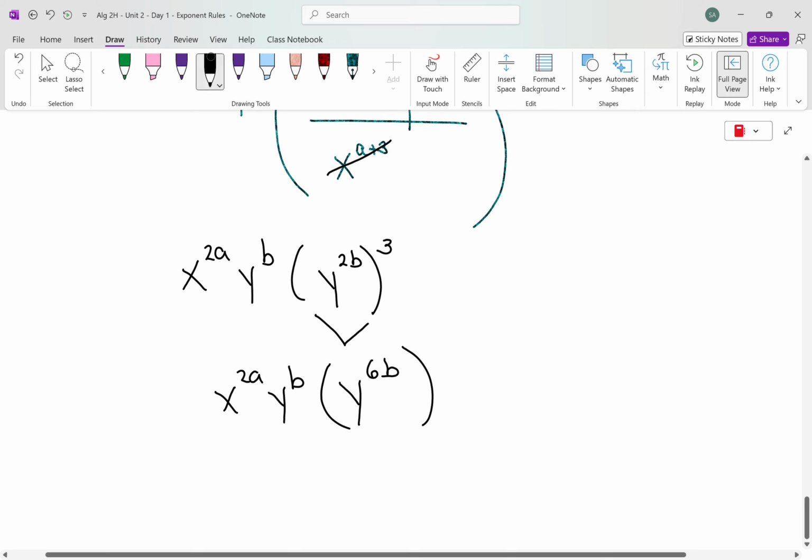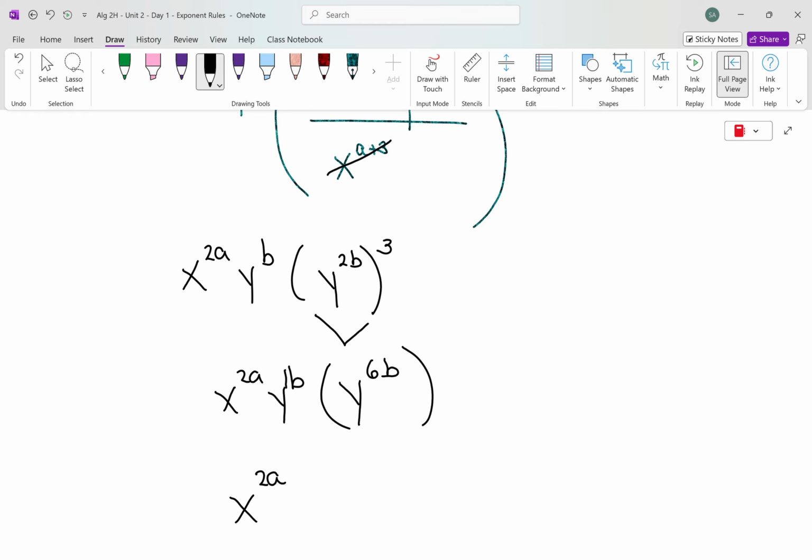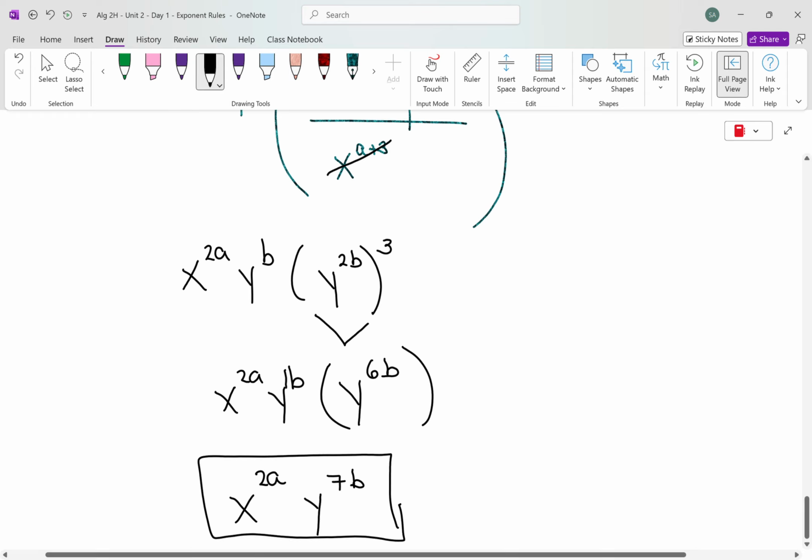So now I have x to the 2a, y to the b, times y to the 6b. Nothing multiplies with x to the 2a, so I just bring it down. But y to the 1b times y to the 6b gives us y to the 7b.